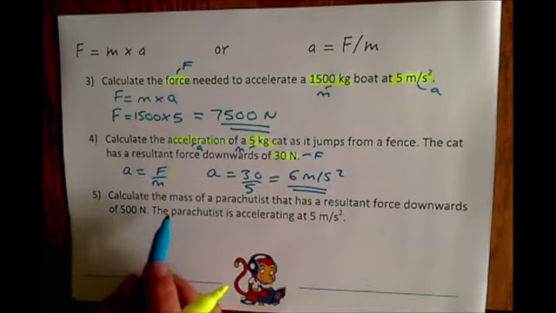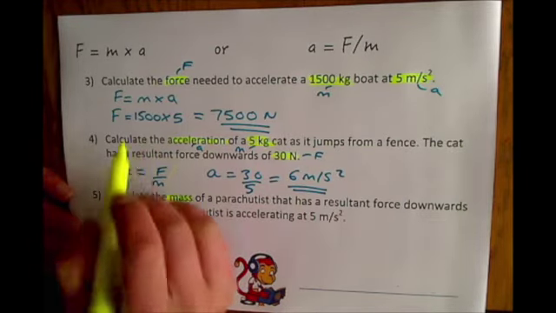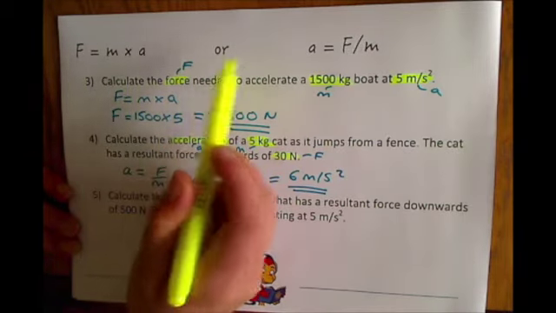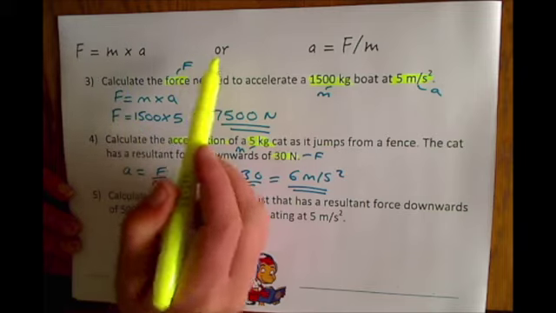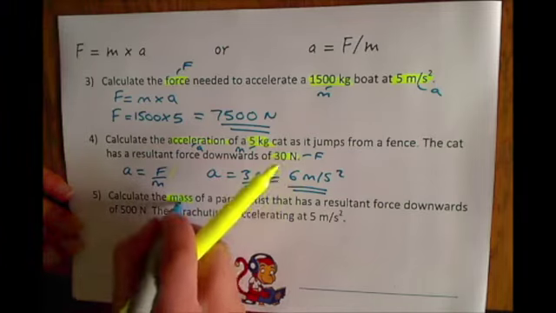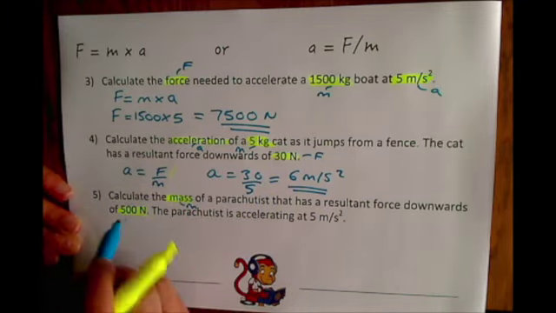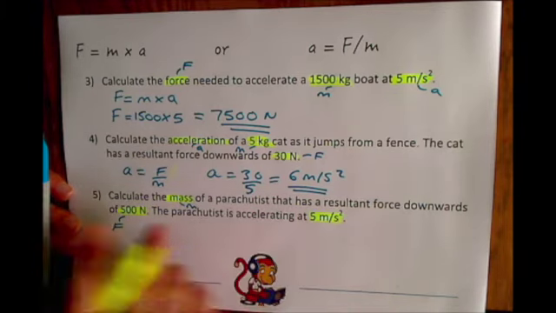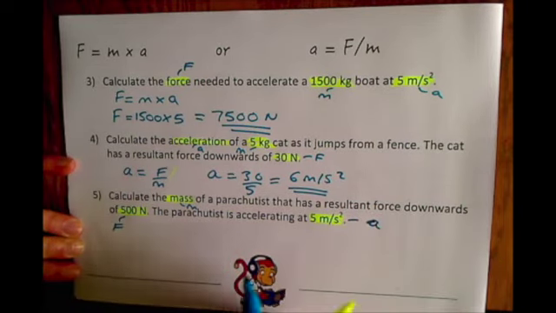Now the last question, you'll notice I've asked you to calculate the mass, and you're not given the rearrangement to make m equals, but especially for higher tier you should expect to be able to rearrange that equation to make it m equals as well. So we've been asked to calculate the mass, and we've been given a force of 500 newtons and an acceleration of 5 meters per second squared. So first of all we need to rearrange our equation.